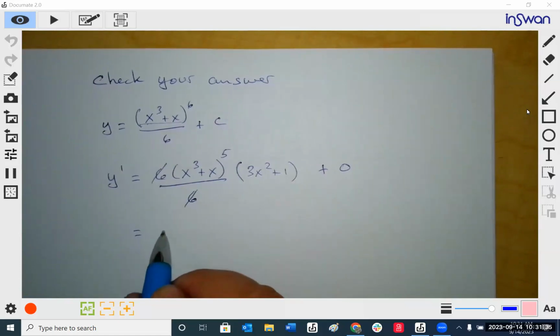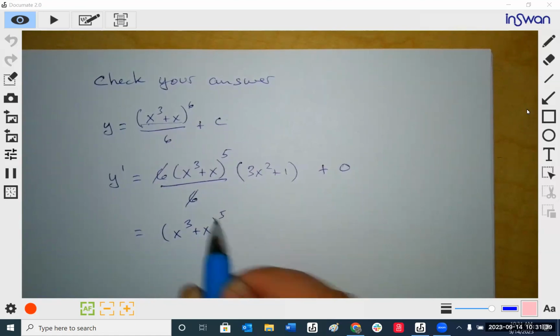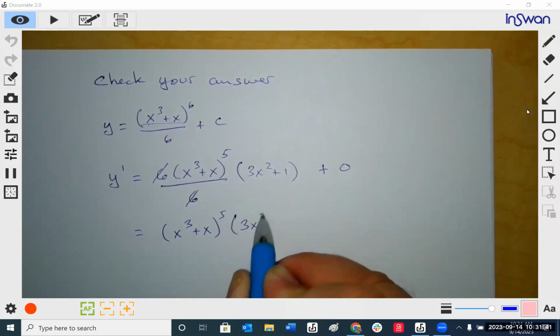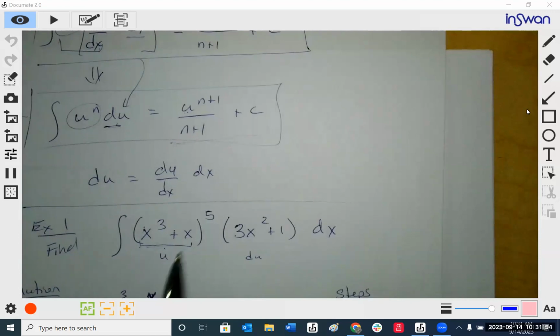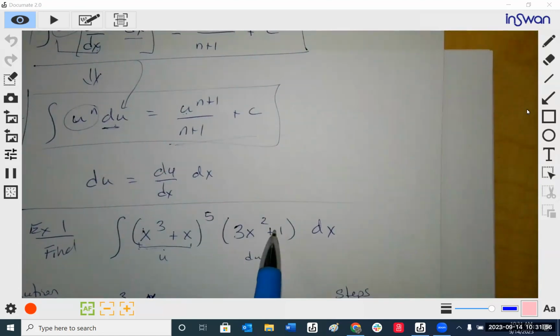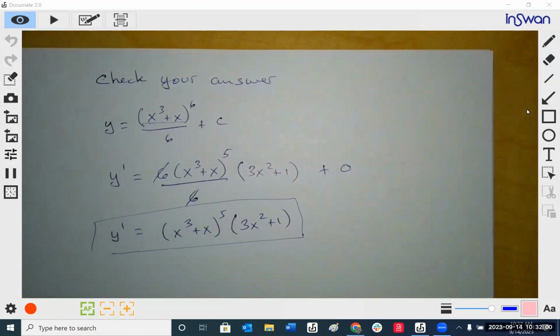The 6's cancel, so we have x cubed plus x to the 5th, times 3x squared plus 1. Is this what we started off with? Yep, that's what we started off with. So that's our answer. So we found the antiderivative of our function.